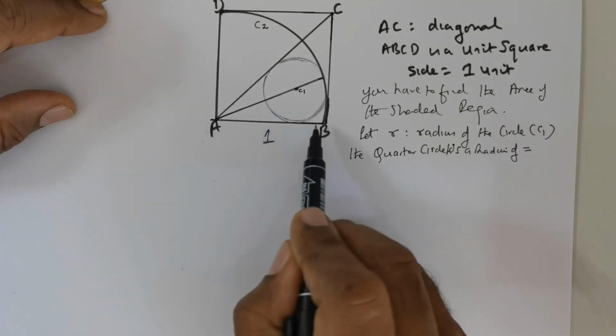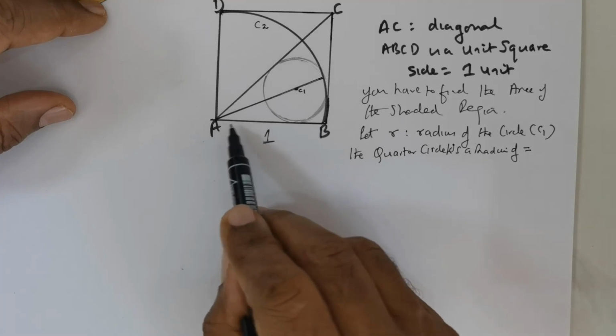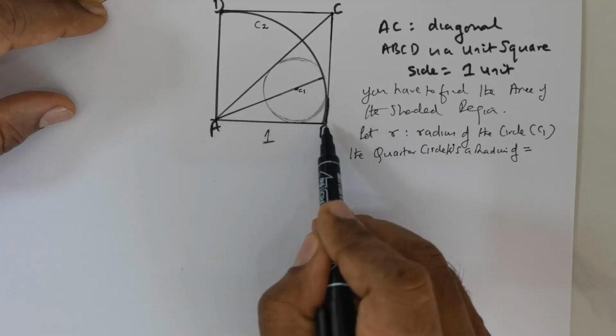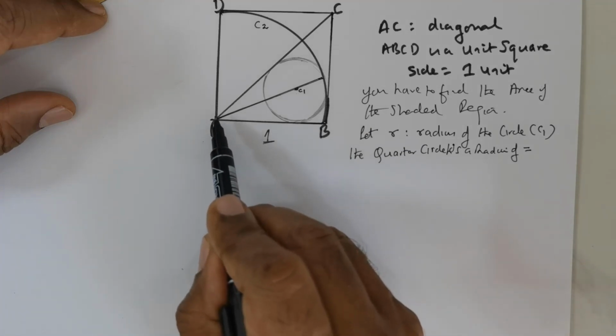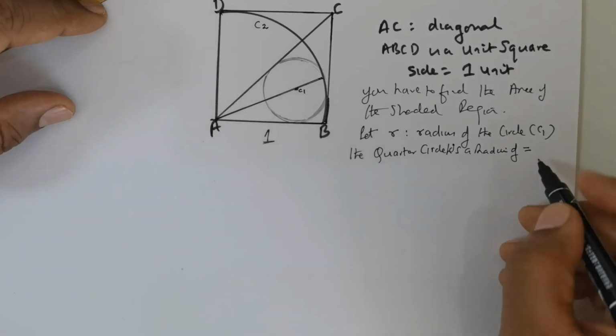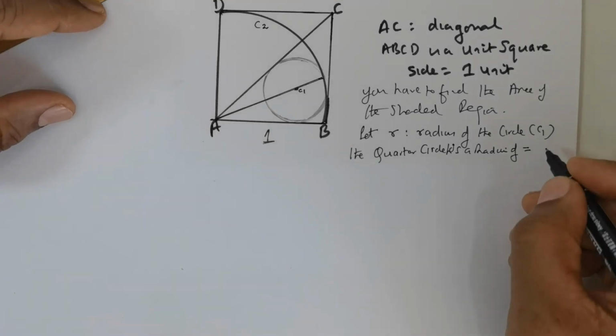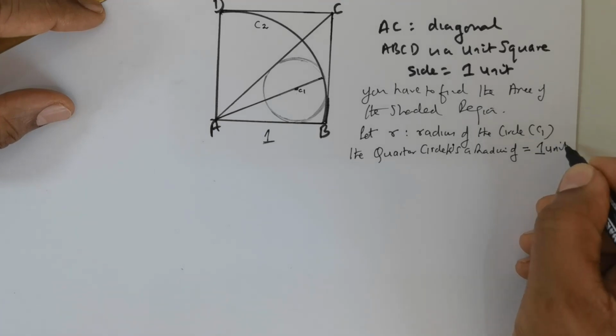Now the side of the square is 1 unit, and the quarter circle has a point of contact with the side of the square. Now this is the center of the quarter circle. So clearly the radius of the quarter circle is also going to be 1 unit.